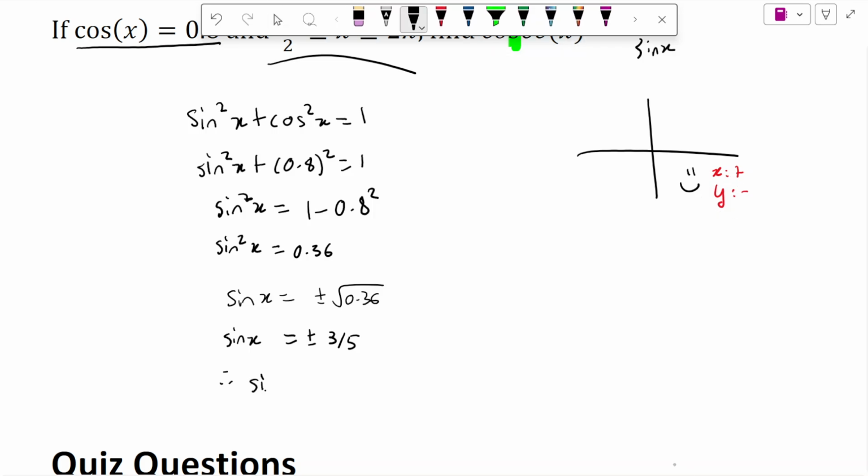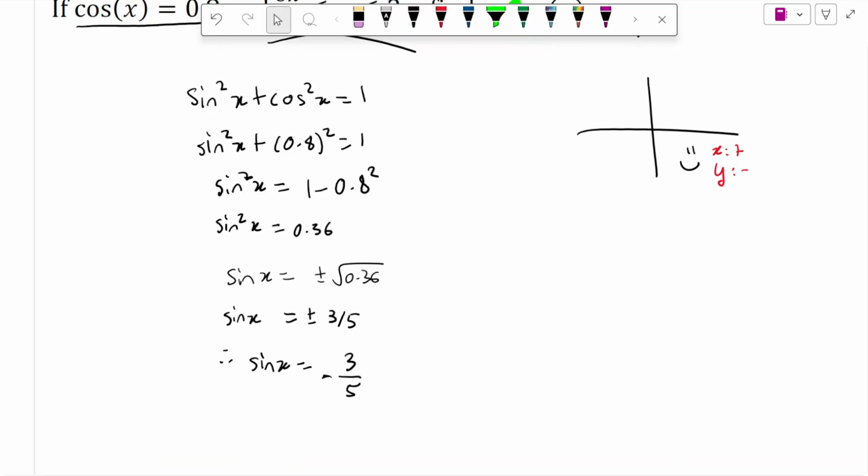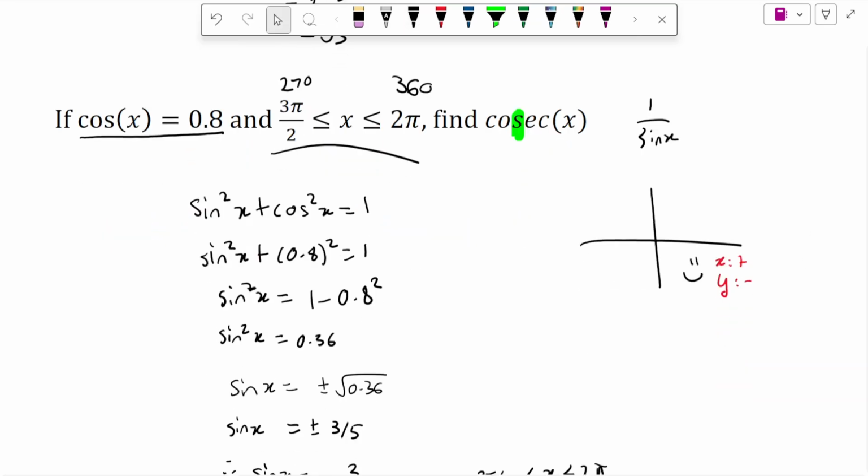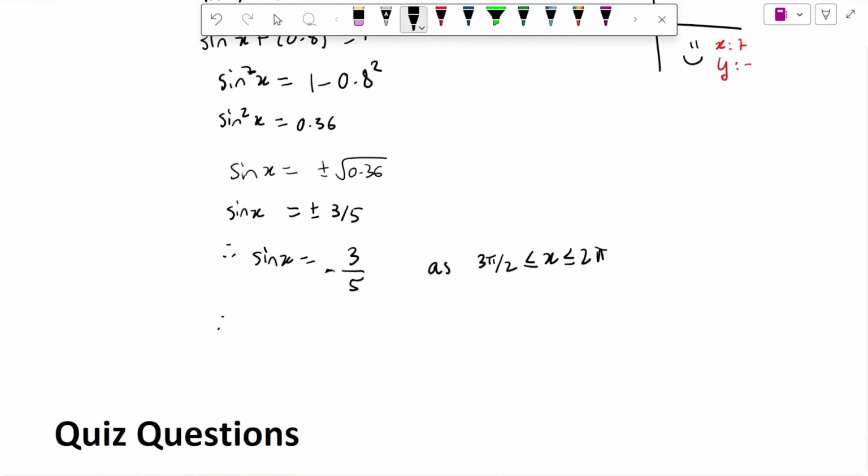So sine of x is minus 3 over 5, or I might put the minus out the front of the whole thing. As 3 pi over 2 is less than x is less than 2 pi, if you want, that's 270 to 360. So that's how I know I'm in the bottom right. And then therefore, cosec of x, one more step, we need to flip it. So it's minus 5 over 3.